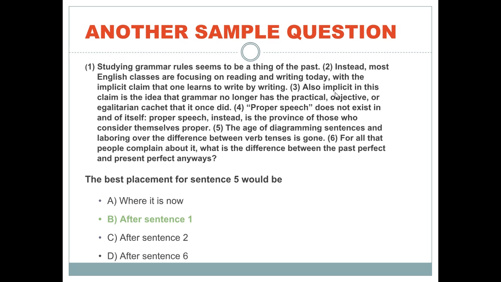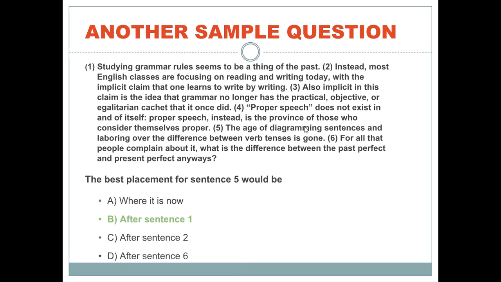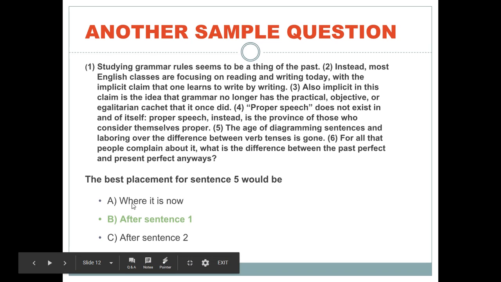And then 3 says, well, also implicit in this claim is that grammar no longer has the practical objective or egalitarian purpose that it once did. And right now, these sentences connect very well to one another. If we placed this random sentence about diagramming and verb tenses in between them, it would really destroy the flow between them and it wouldn't provide anything. So we can say A is a maybe and C is just out.